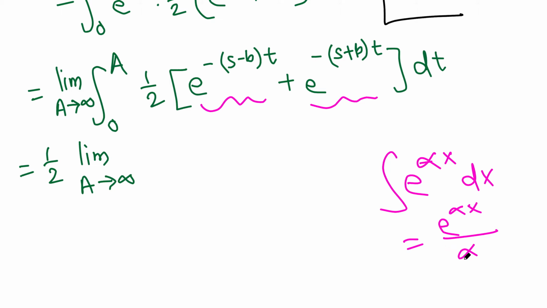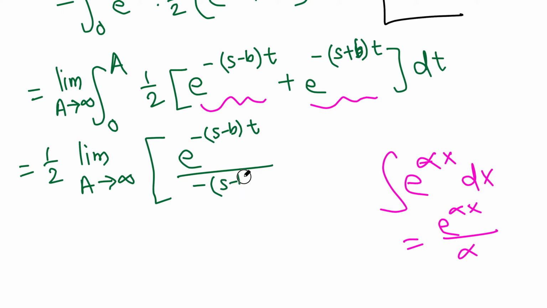So I'm going to apply this rule where alpha is negative s minus b here, and negative s plus b here. Integrating, the integral sign is gone, so we get e raised to negative s minus b times t divided by this coefficient, negative s minus b.